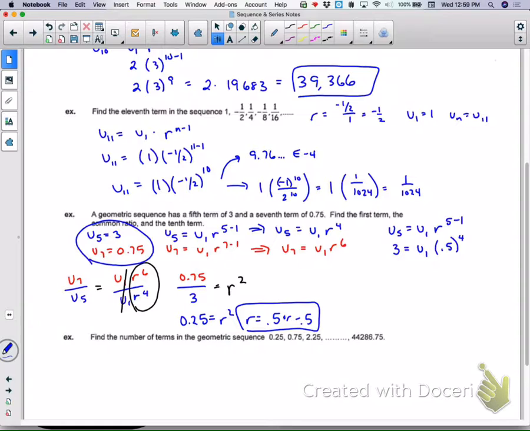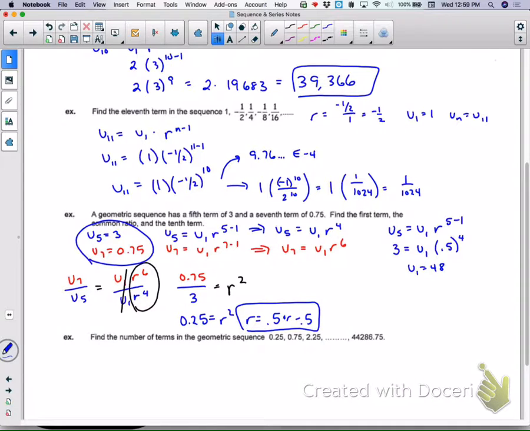Now here's the deal. At this point, I don't have to do this computation twice, because if the r value was negative 0.5 and I take it to a 4th power, it's going to come out to be a positive. So I'll get the same first term in this case no matter what my r value is. So if we solve that, we end up with u sub 1 is 48.